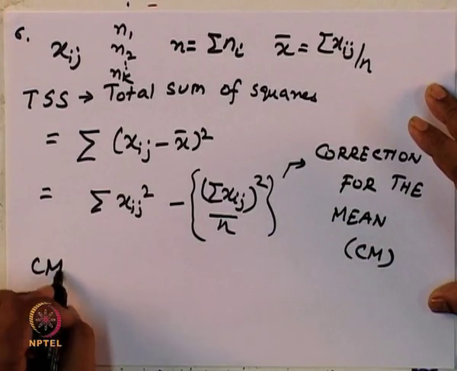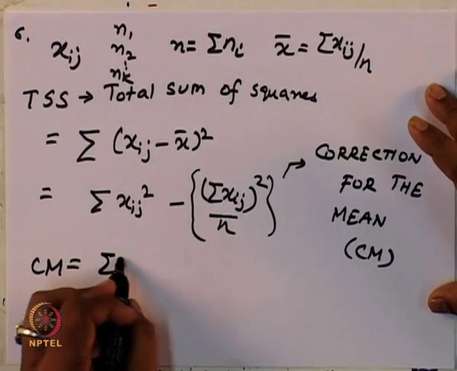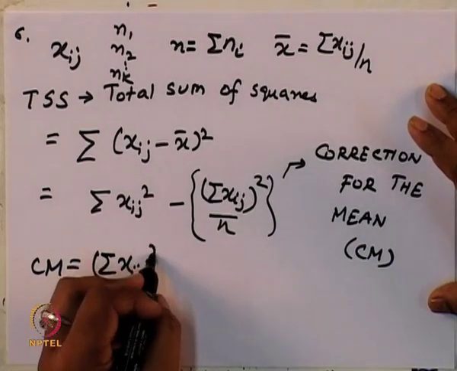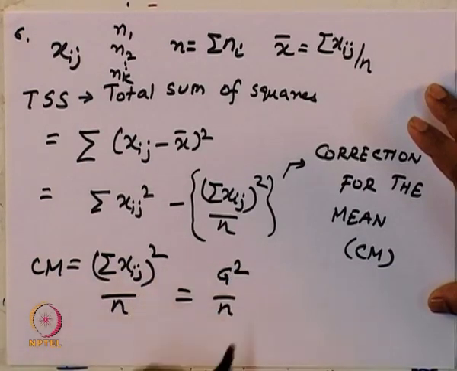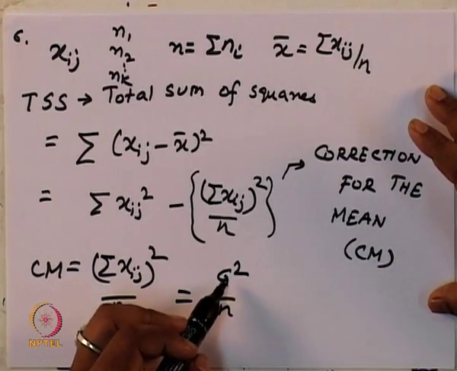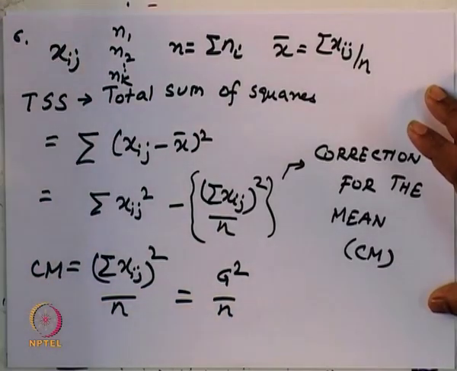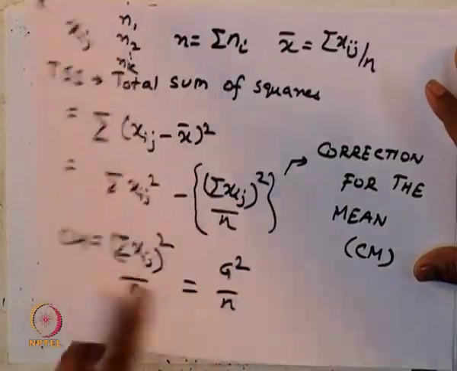So, CM is (summation xij) whole square by n, and this you can write as G square by n. G basically represents the sum of all the terms.